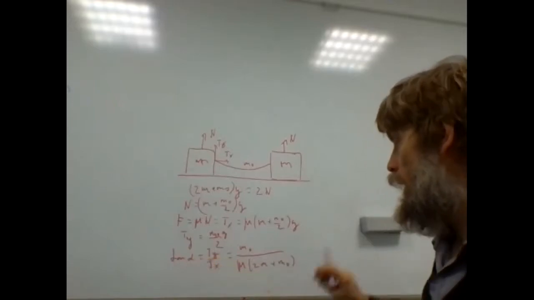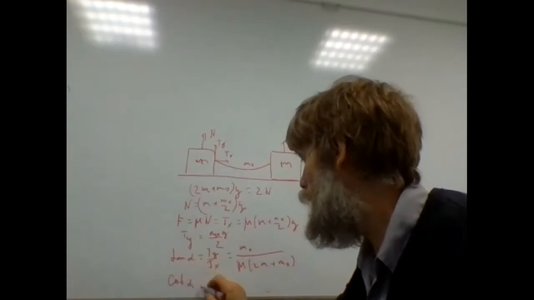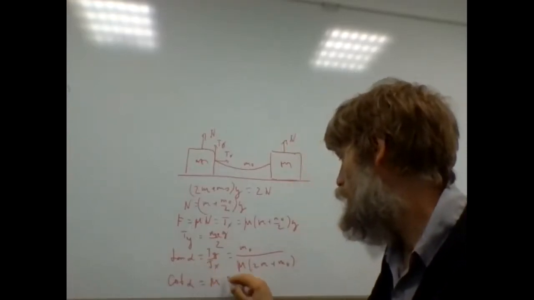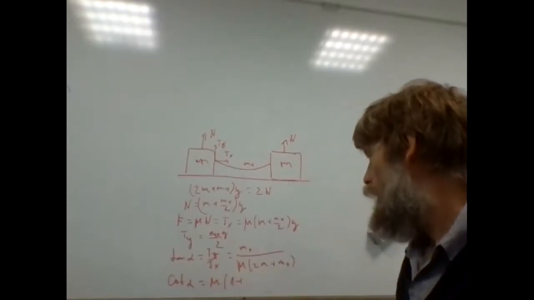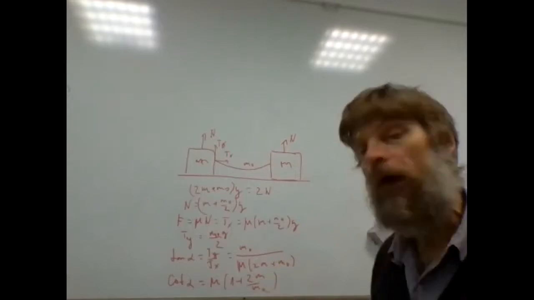Yes. And we can also write cotangent, which looks probably better, because this is going to be mu and (1 plus 2M divided by M naught). And that's the answer.